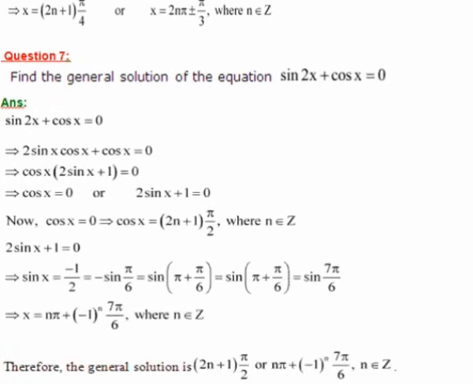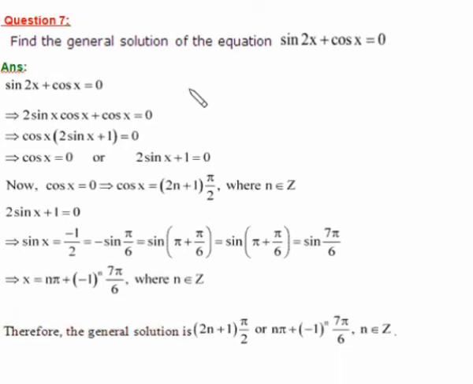Here students, it's very compulsory to learn all the general solutions which I've discussed in the starting. The general solution of the equation sin 2x + cos x. We know sin 2x is 2 sin x cos x. Take cos x common: cos x (2 sin x + 1) is equal to 0. cos x is equal to 0; we know its general solution. x is equal to (2n + 1)π/2.